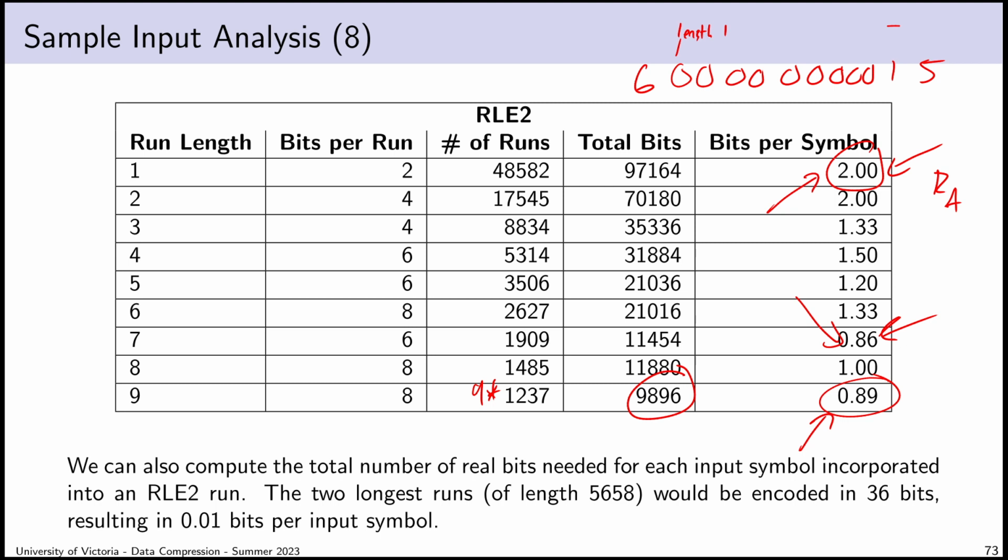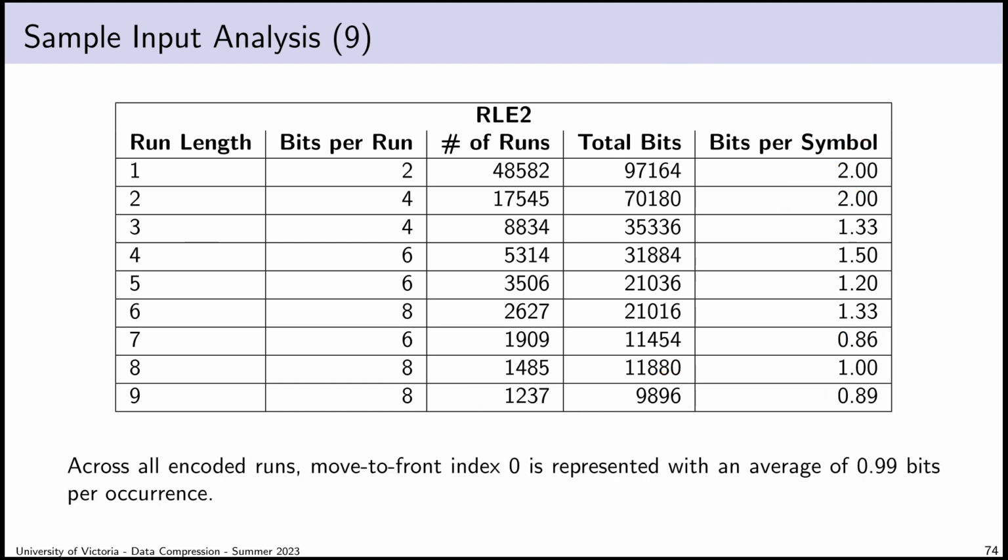But if I look at the really long runs, so that run of length 5600, well, to encode the value 5658 in RLE2 using RA and RB, I would need 36 bits. But those 36 bits correspond to 5600 zeros. And that means if I divide that out, 0.01 bits per symbol. That's amazing. And of course, I couldn't achieve that with prefix coding alone.